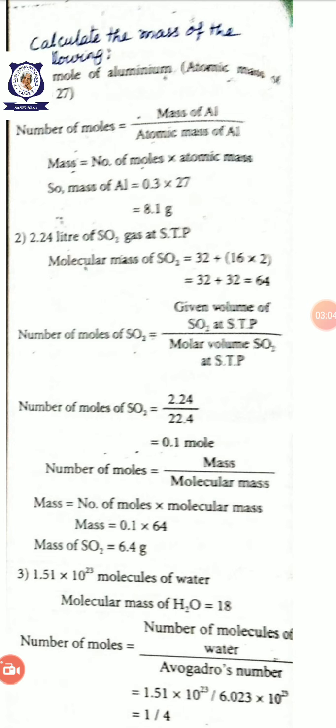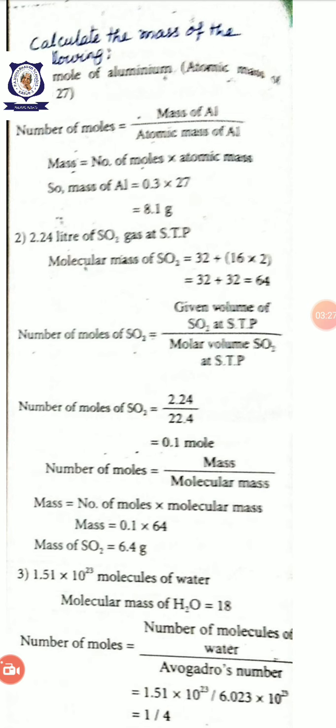See, in this sulfur dioxide, SO2, 1 sulfur and 2 oxygen. So the mass of sulfur is 32, mass of oxygen 16, here 2 oxygen, so into 2. 32 plus 32, 64. So molar mass of sulfur dioxide is 64.